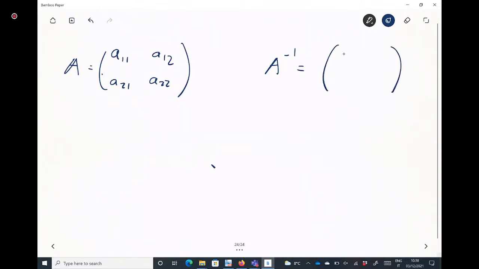Exchange the two elements in the main diagonal, change the sign of the remaining elements. Okay? If you're not convinced, try to compute A minus 1 times A, defined in this way.